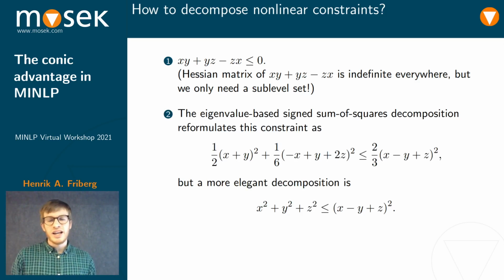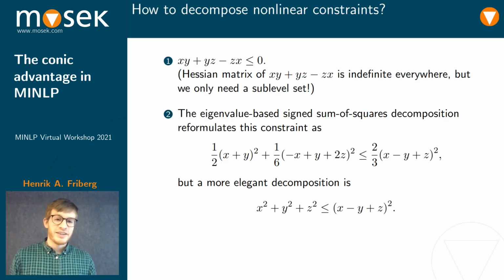So using the eigenvalue-based signed sum of squares decomposition, we can reformulate the original constraint into the signed sum of squares using 3 squares. But this decomposition is not unique, and if you look further, you can actually also find one in 4 squares, which is much more elegant.